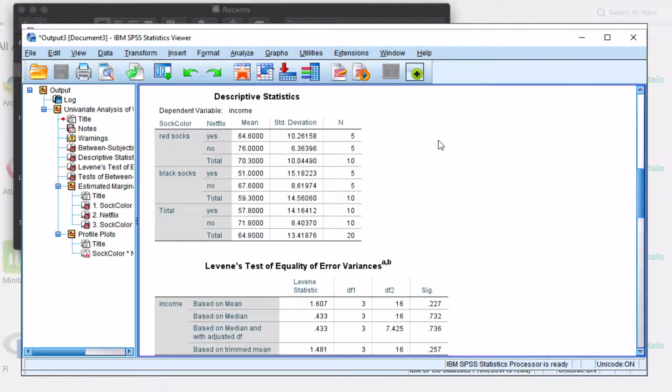Now, the interaction hypothesis, null, would be there would be no impact or significant difference of interactions between people who had red or black socks and those who have or do not have Netflix at home.